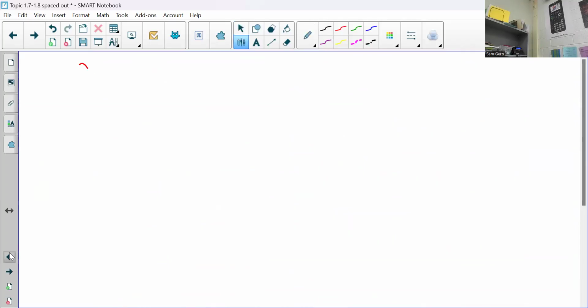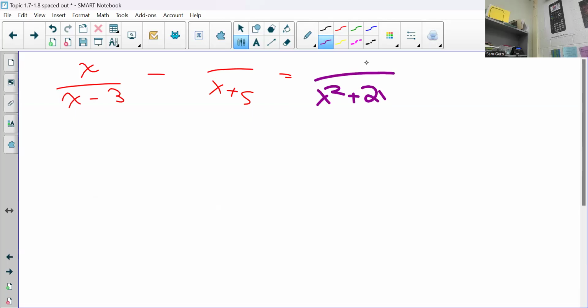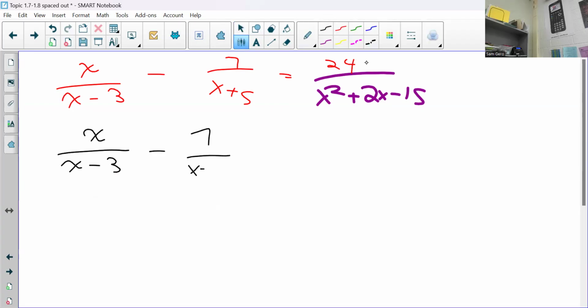All right, here we go. x over x minus 3 minus 7 over x minus 5, equals 21 over x squared plus 2x minus 15. Too many colors. First thing I'm going to do for number 3 is factor the right-hand denominator, because I need to know what the two parentheses are.